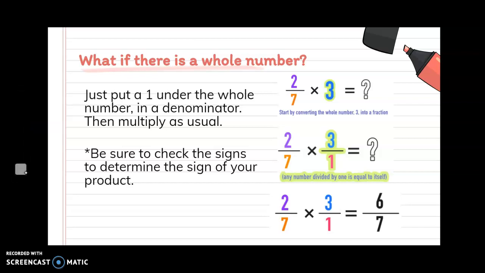So in this example, we have 2/7 times 3. Well, then we took 1 and placed it under the 3 as the denominator, and then we just multiply the numerators. 2 times 3 is 6, and multiply the denominators. 7 times 1 is 7. This cannot be simplified because it is in simplest form.